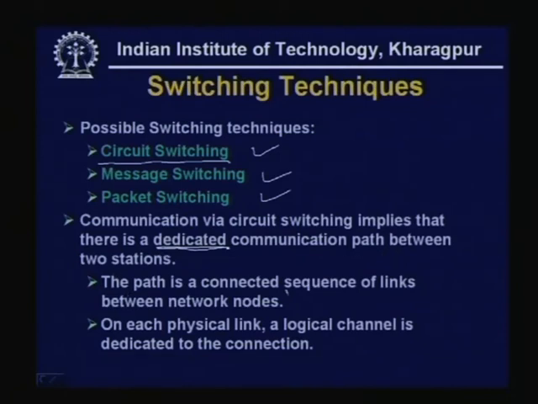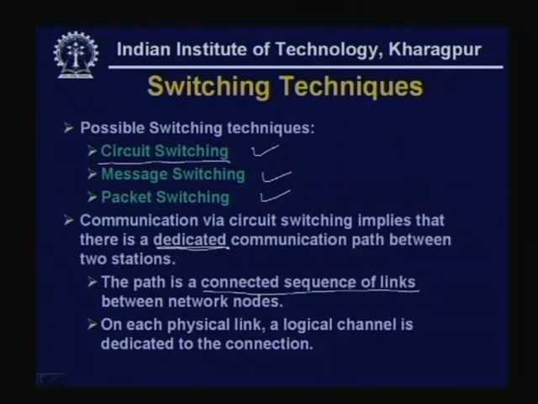The path is a connected sequence of links between network nodes. That means it is not necessary that there will be a direct link, a direct path. There may be a path through a number of nodes. And on each physical link a logical channel is dedicated to the connection. That is another important feature.